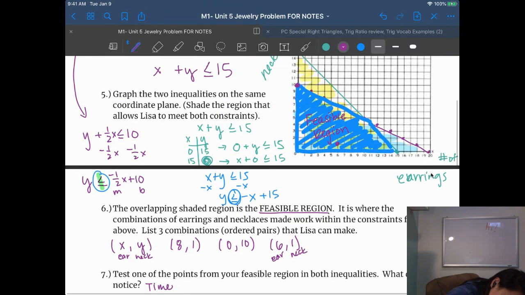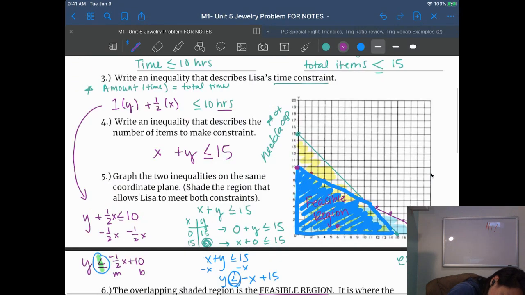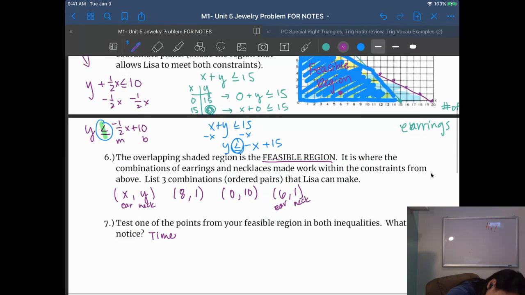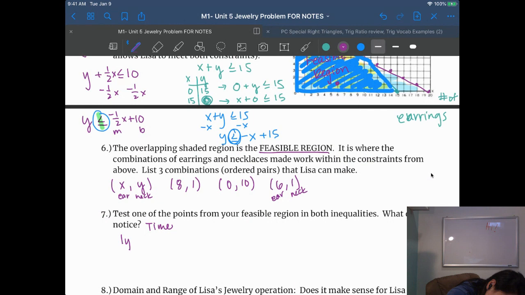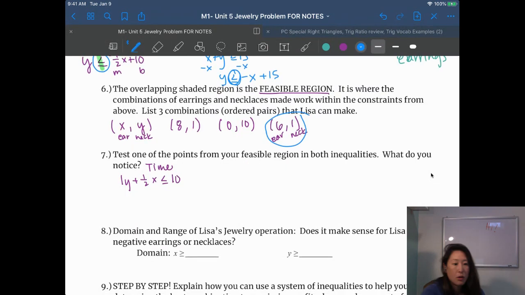remember we had our time inequality. Let's grab that 10 hours there. So 1y plus 1/2 x is less than or equal to 10. We're going to test our point here, 6, 1. Make sure it works in the time constraint.